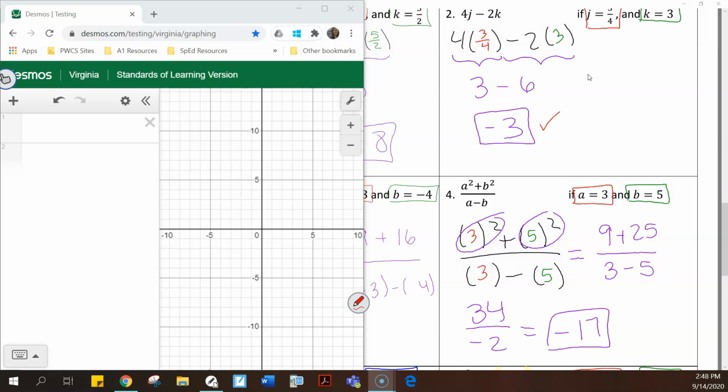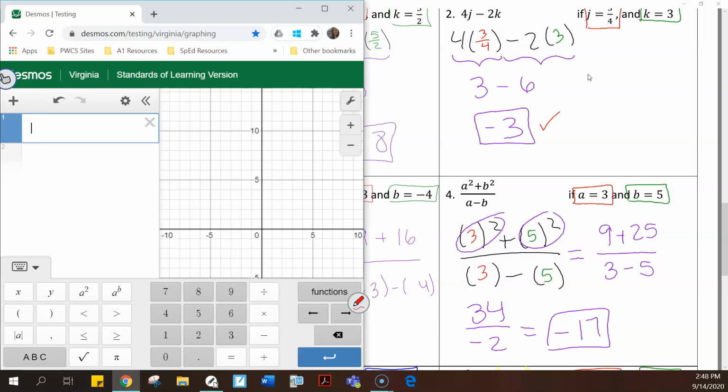And then I'm going to show you really quickly how to check number 4 in Desmos. I don't think I covered that when we did number 3, so I want to talk about that really quickly. In Desmos, if the first thing you press is the division symbol, it will set you up with a fraction. Okay? So now I can start putting in this step.